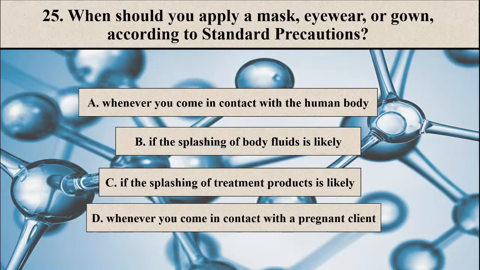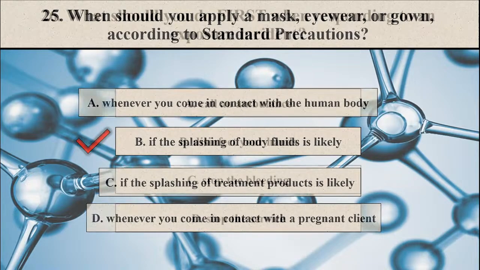Whenever you come in contact with the human body, if the splashing of body fluids is likely, if the splashing of treatment products is likely, whenever you come in contact with a pregnant client. If you chose B, if the splashing of body fluids is likely, you are correct.